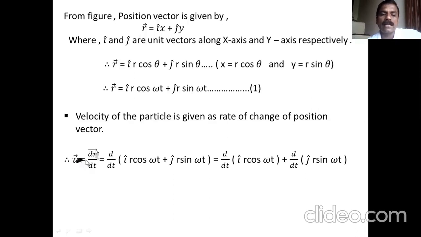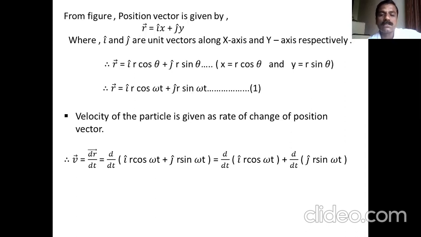So it is called the derivative of the position vector with respect to time. Now we can put the value of r bar by keeping d by dt as it is, and from equation 1 you can put this value of r bar, that is i cap r cos omega t plus j cap r sin omega t.